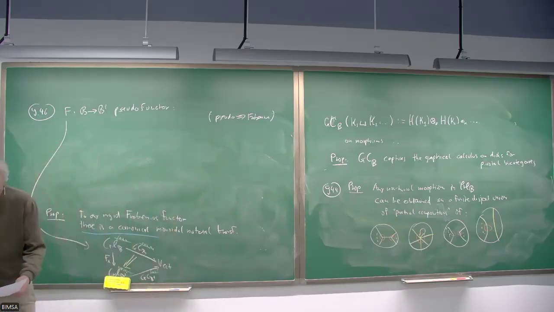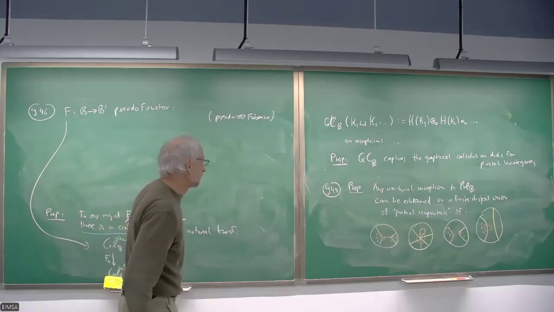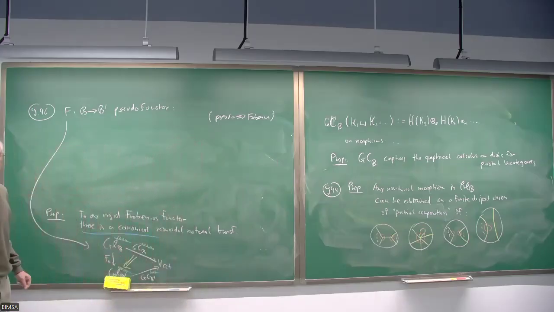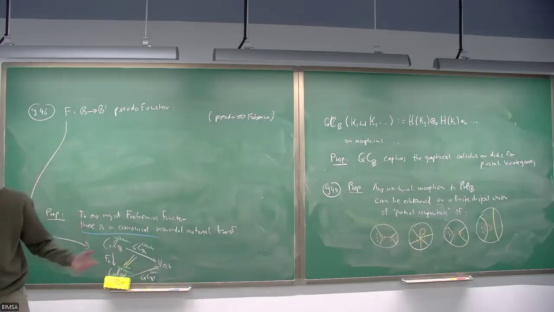So if you have a pseudo functor between bicategories, then these graphical calculus functors are related in a simple way.